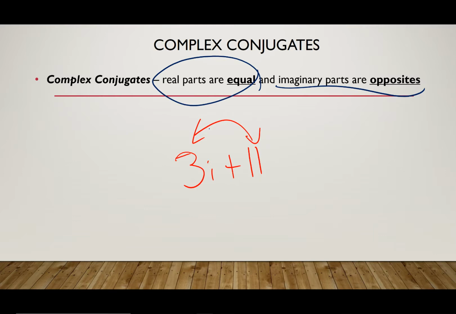So typically we write the real part first and the imaginary part second. So, the real part's 11, imaginary part's 3i. So really, if I want it in a quote-unquote standard form, I should write this as 11 plus 3i. And then the complex conjugate is as your normal way of thinking. You change that sign, right, to 11 minus 3i.